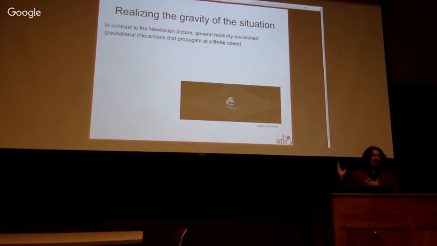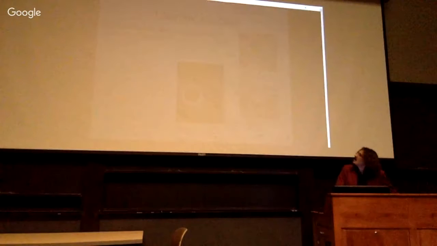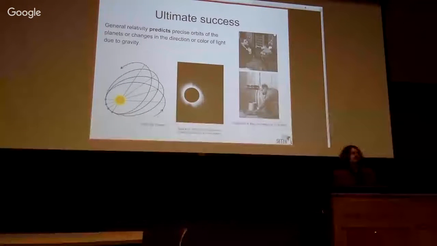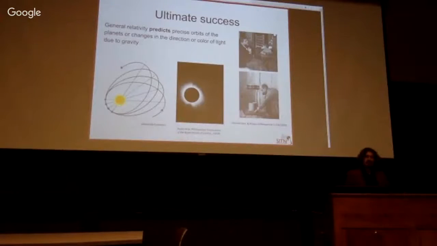And why am I telling you this? Well, the idea is to understand gravitational waves, and in order to do so, we have to understand gravity, at least our current understanding of gravity.